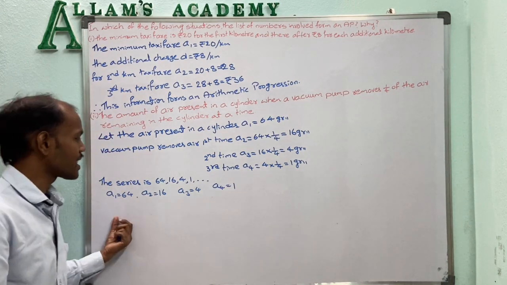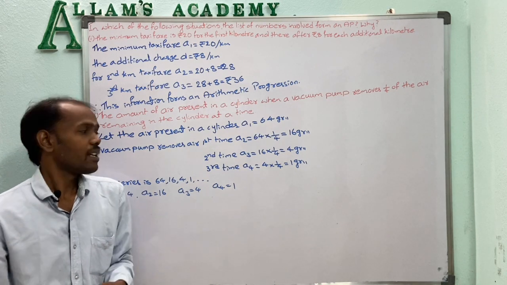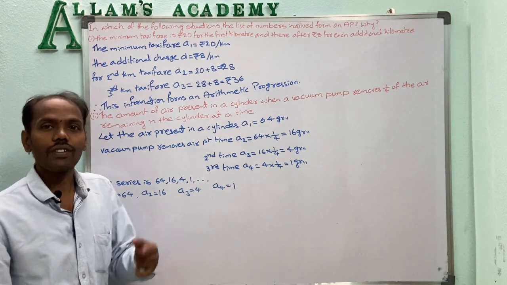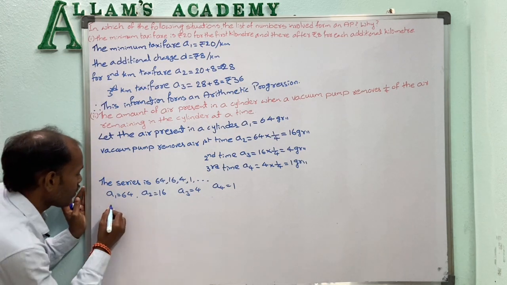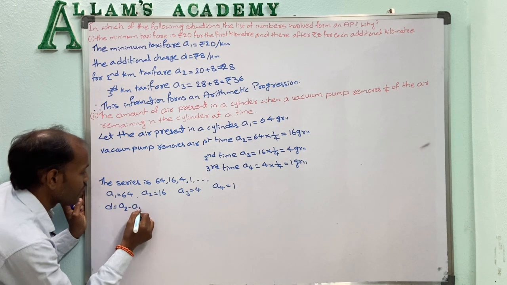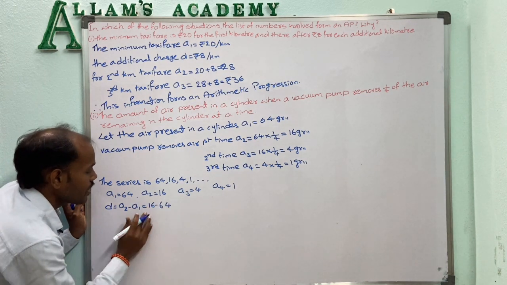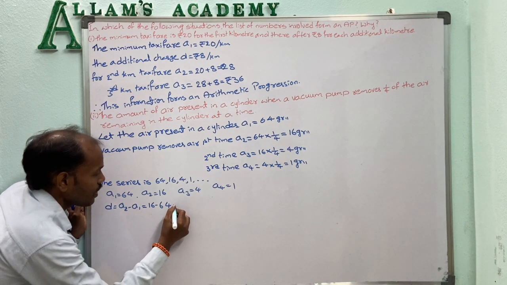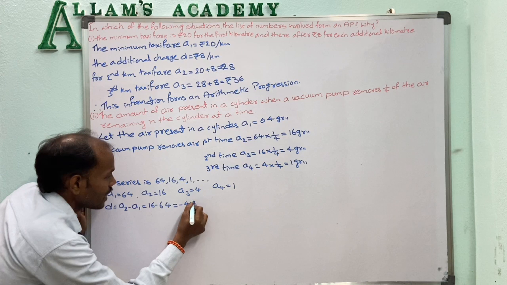Now here we check the common difference between each two subsequent terms. If that is equal, then it forms an AP. So now D is equal to A2 minus A1, that is 16 minus 64. 16 minus 64 is minus 48.